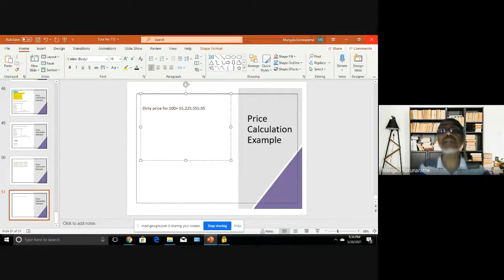You have calculated the present values of all the cash flows and added them together, and you got 55 million 225 555 95. To get the dirty price for 100, you divide it by 50 million and multiply by 100.